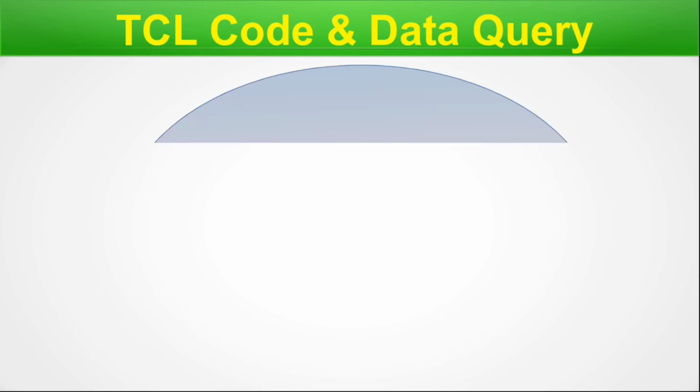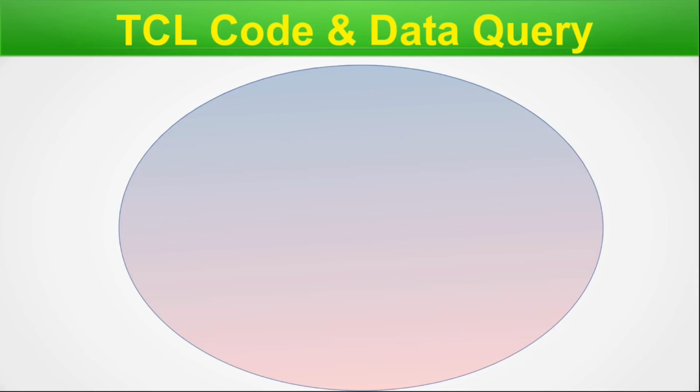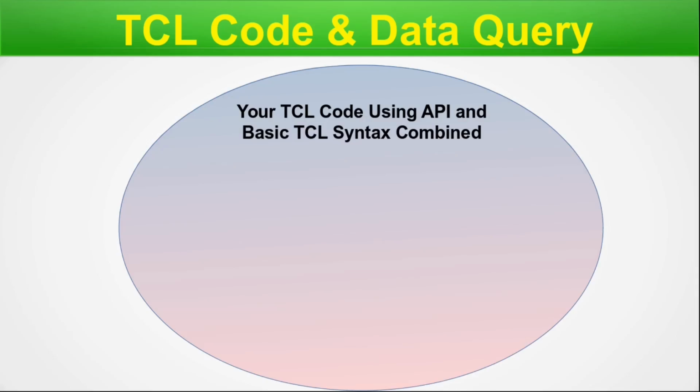So let's begin. Here the first outermost shell is your TCL code using API and basic TCL syntax combined. So definitely you will have to combine the API as well as the basic TCL syntax that you are going to learn in these sessions. You have your user.tcl ready.